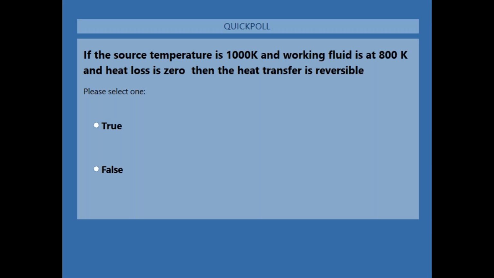If you have understood this concept of reversible heat transfer, then I hope you would get this answer correct. It appears to me from your responses that you have not understood the concept of reversible heat transfer. Let me explain what a reversible heat transfer is after you answer the polls.